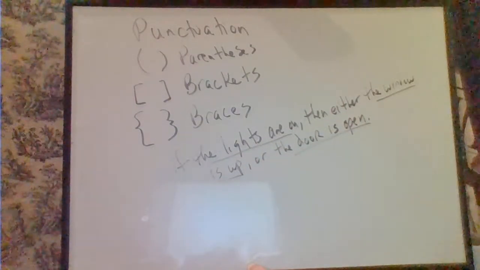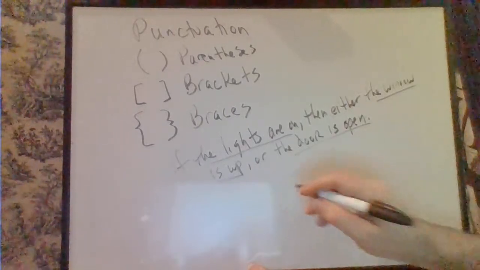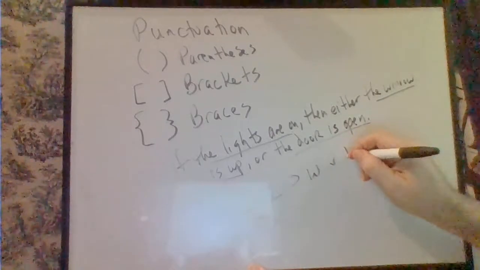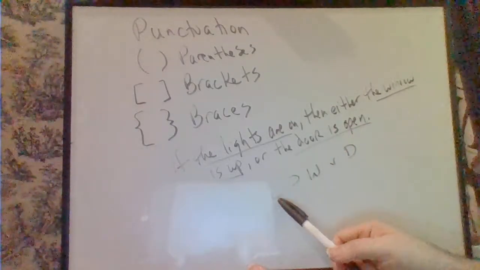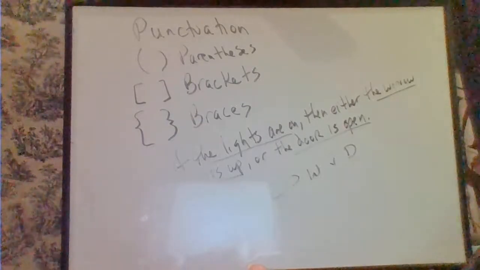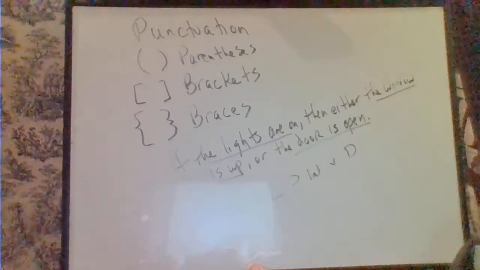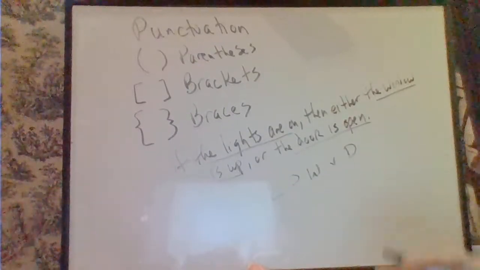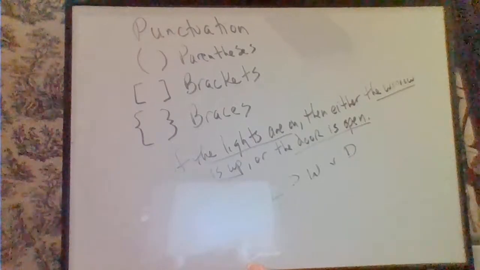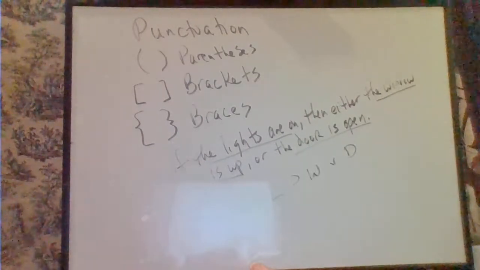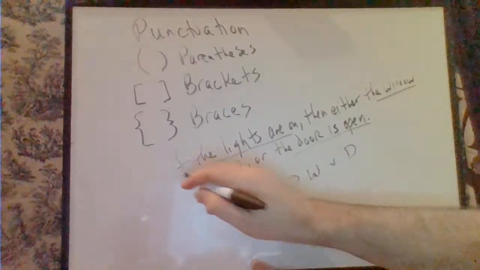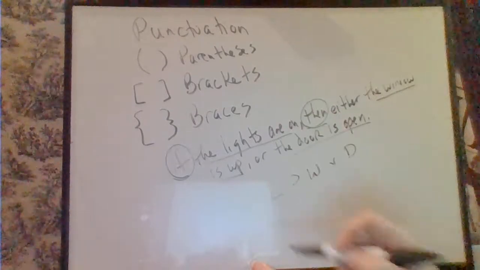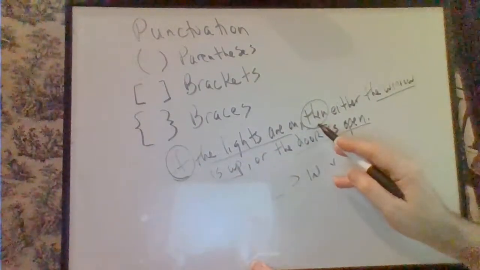But if I simply put symbols between them and said L, horseshoe, W, wedge, D, that's going to produce a real problem for us because we don't know what our main operator, our main connector is. And so we have to go back and figure out where we would put parentheses to show what hangs together. And it's just a matter of reading the English language and remembering how grammar works. If I see if, the next thing I want to look for is then. Everything between the if and the then is the antecedent.